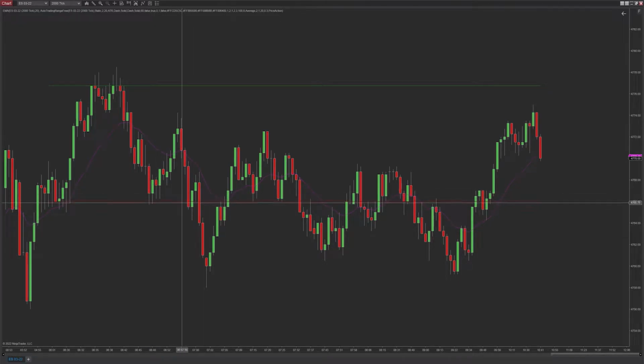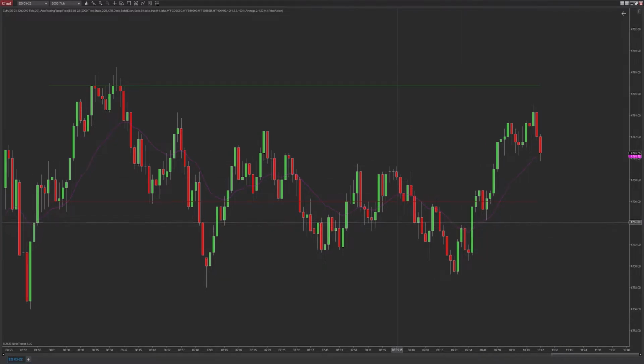Along here, we have 1, 2, 3, 4, 5, 6, 7, 8, 9, 10 almost exact touches of this line along this trading range.